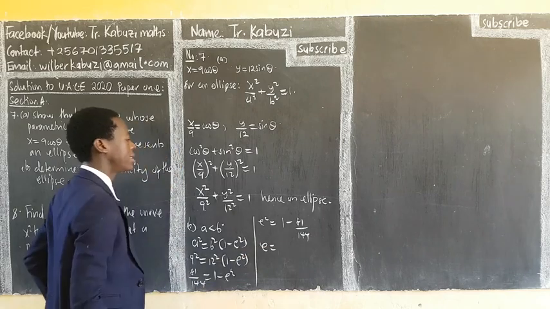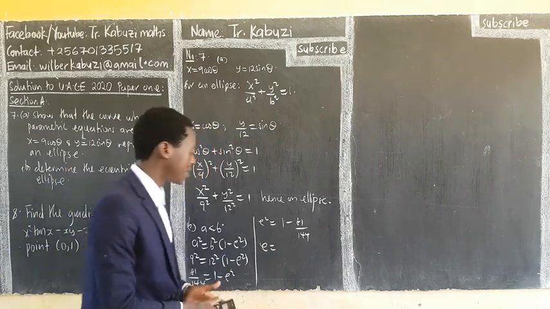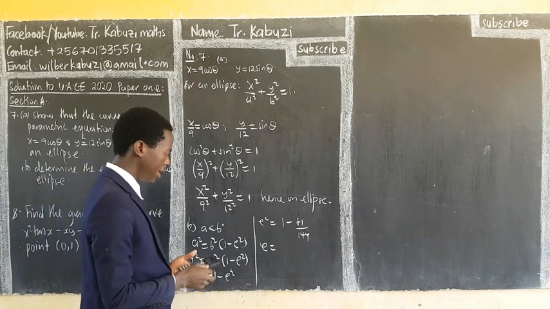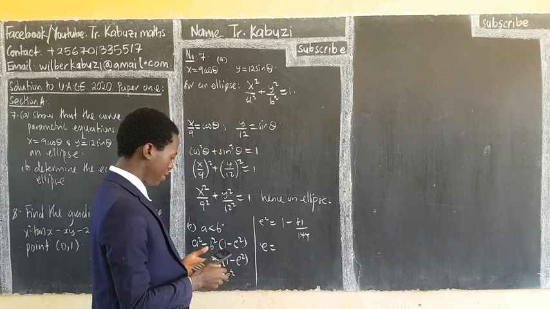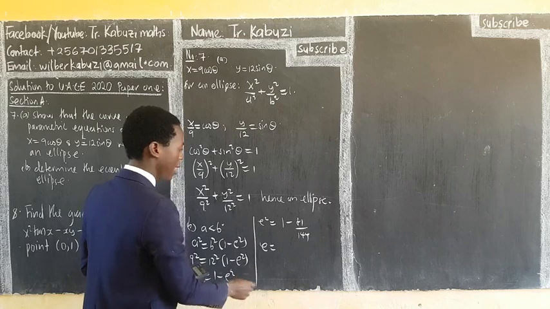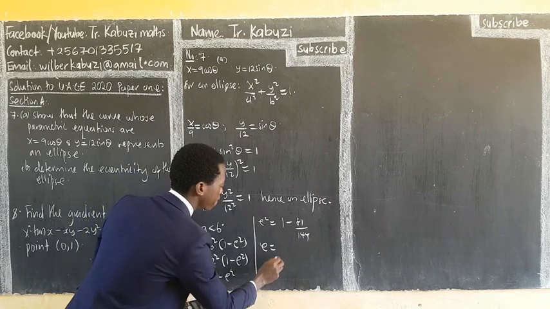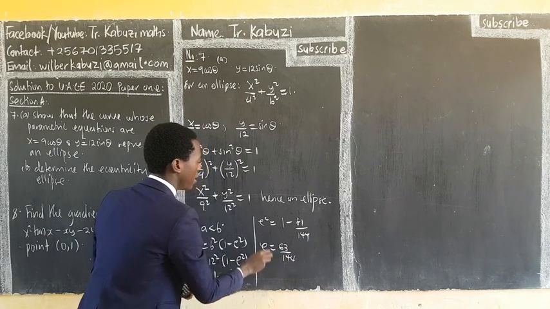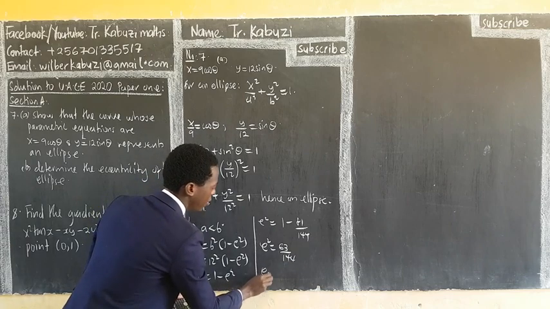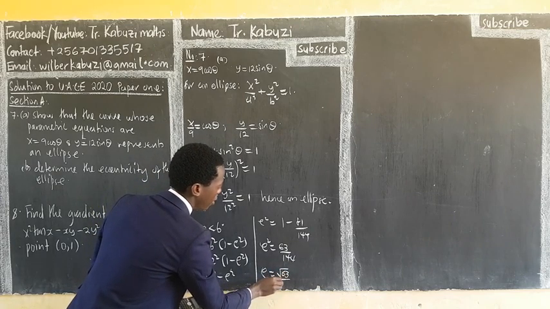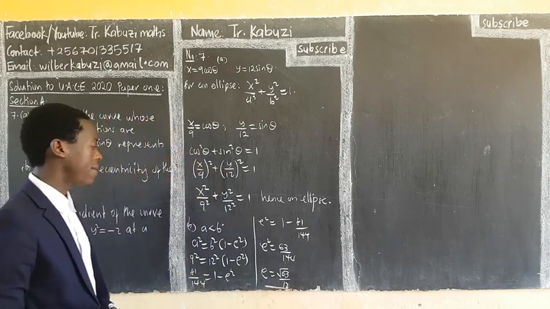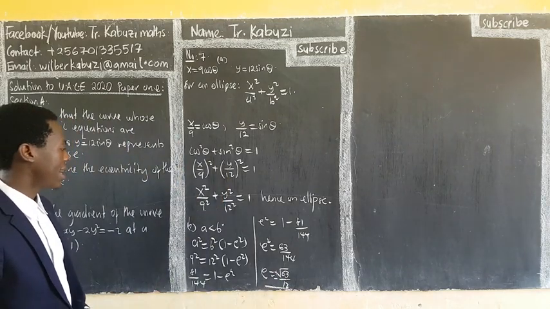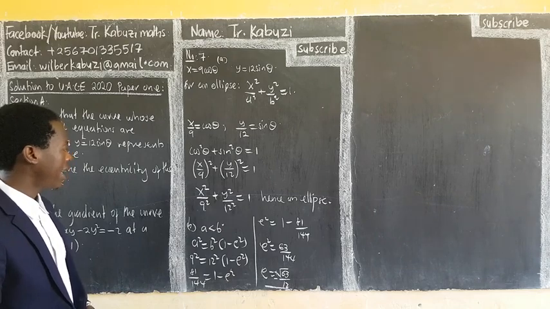And so from here, when you subtract, you get 144 minus 81, which is going to be 63 over 144. So meaning my eccentricity is going to be root of 63 over 12. Remember, the eccentricity can be a positive or a minus. Simple. And so that's how we get our eccentricity with ease.